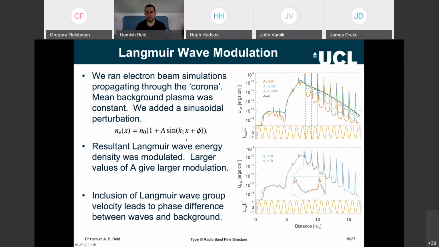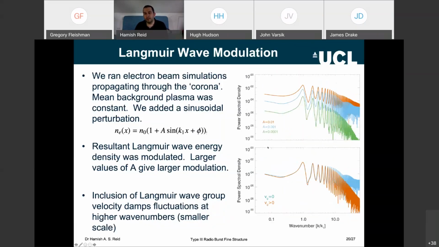Similarly, the bottom plot shows this without group velocity. So we set the group velocity to 0, and when we increase the group velocity, we get a slight displacement of the Langmuir waves. Now, why is that important? Well, here is the power spectral density as a function of wave number for these. The top plot shows you that the amplitude of the sinusoid changes the amount of fluctuations.